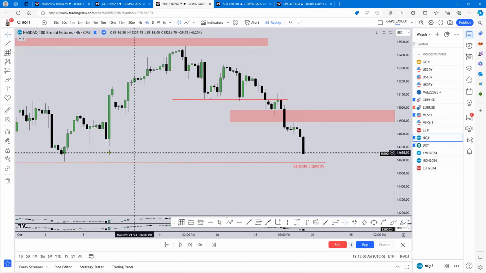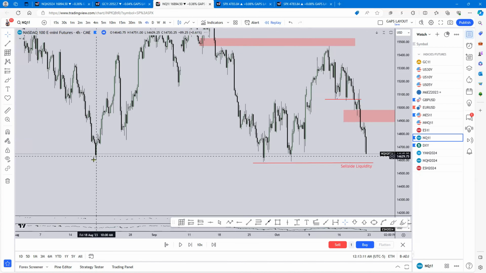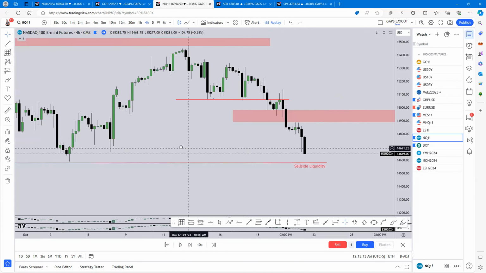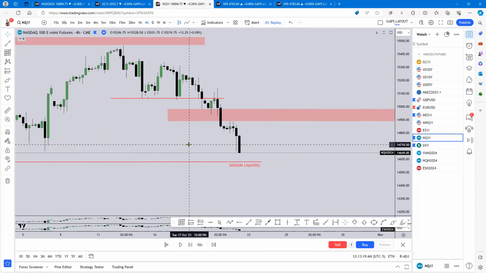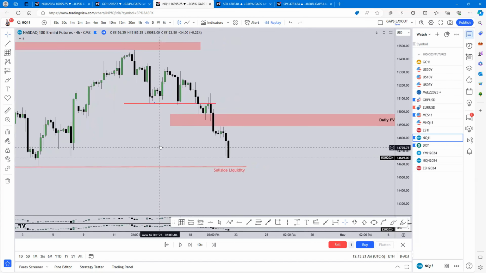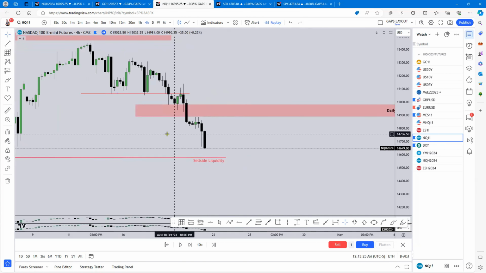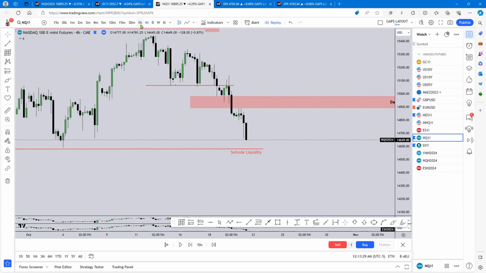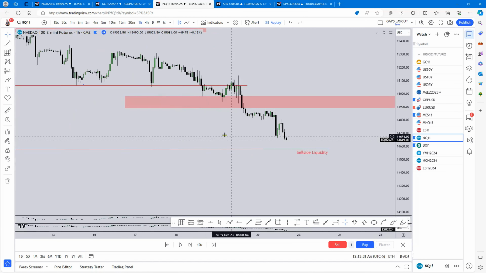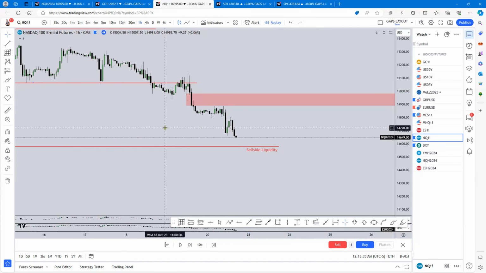We can see that we are sweeping this sell side liquidity here. If you can't see something on the 4-hour, you can come down to the 1 hour. This is that daily fair value gap in here.